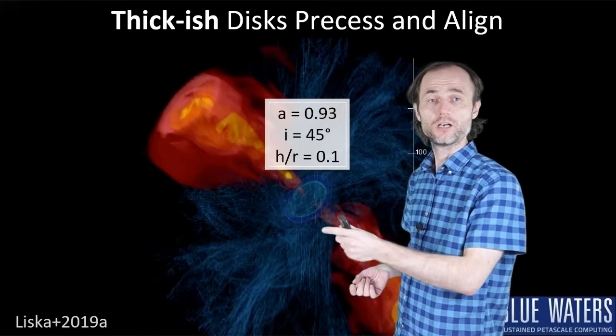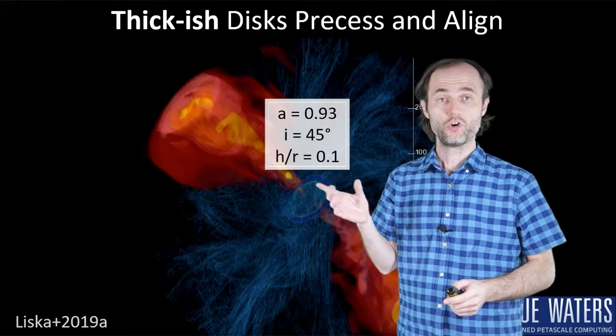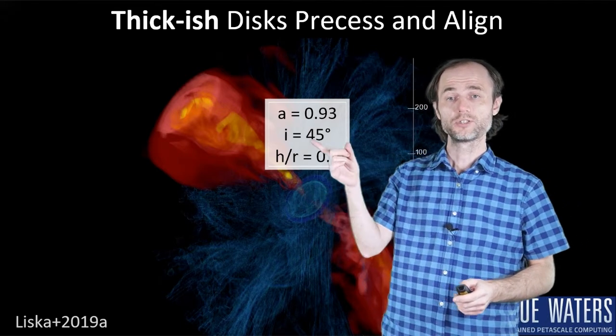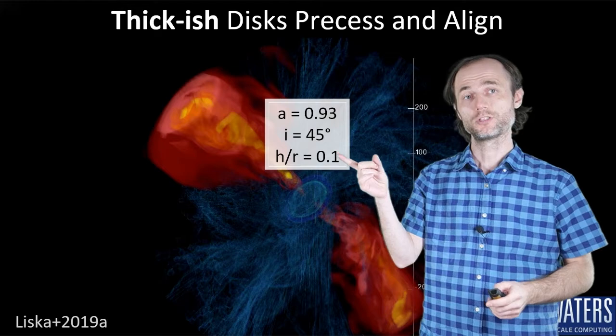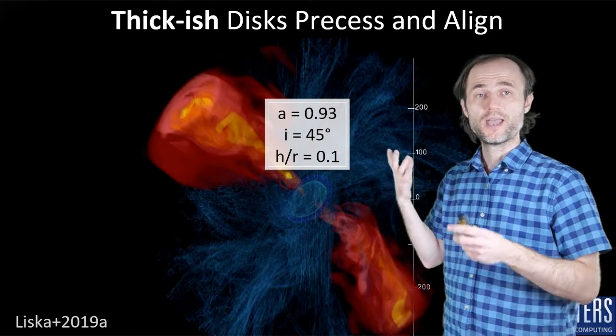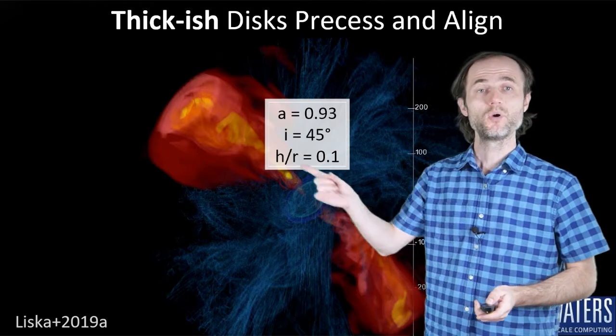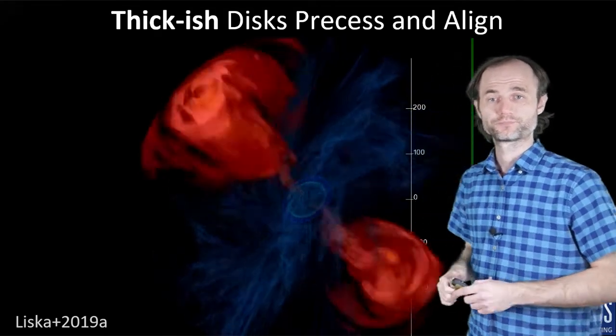So let us take a look at a pretty thick accretion disk with aspect ratio of about 0.1, tilted by 45 degrees relative to the black hole midplane, and the black hole is spinning at 93% of the maximum spin. The disk you can see in blue, and the jets you can see in red.